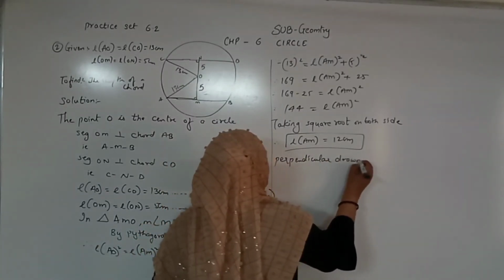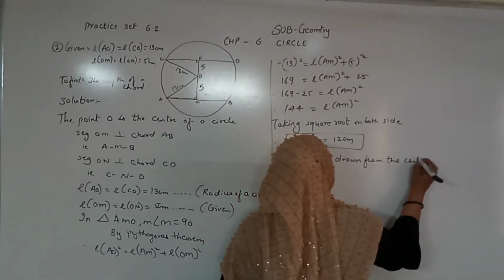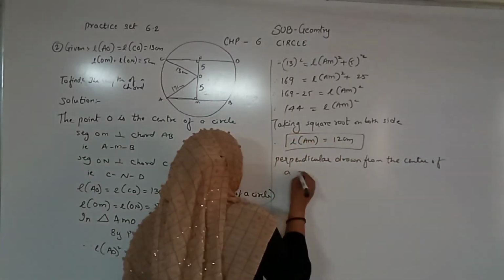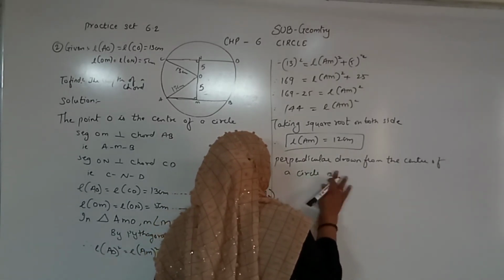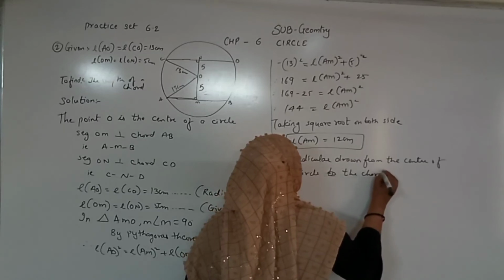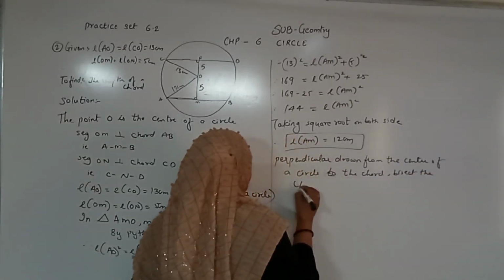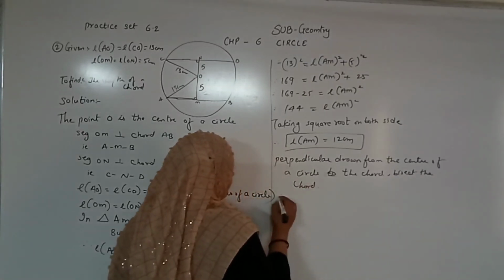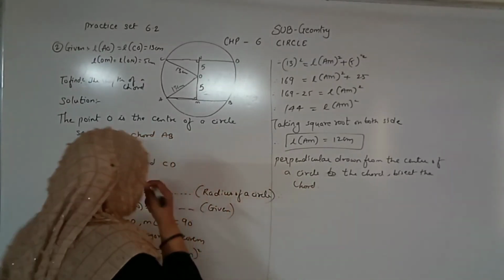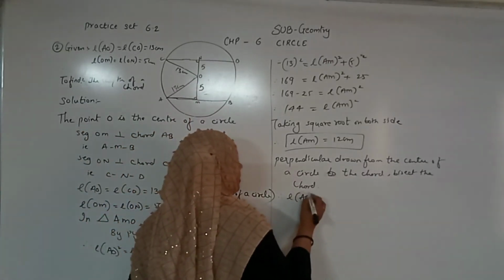Perpendicular drawn from the center of a circle to the chord bisects the chord.